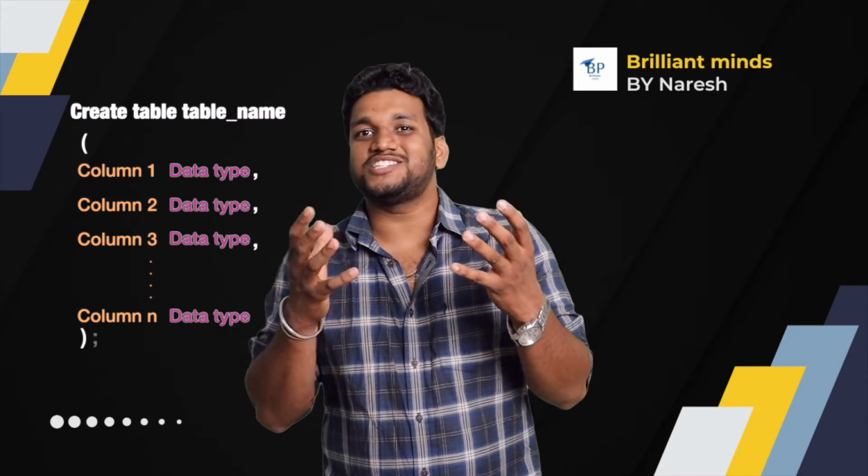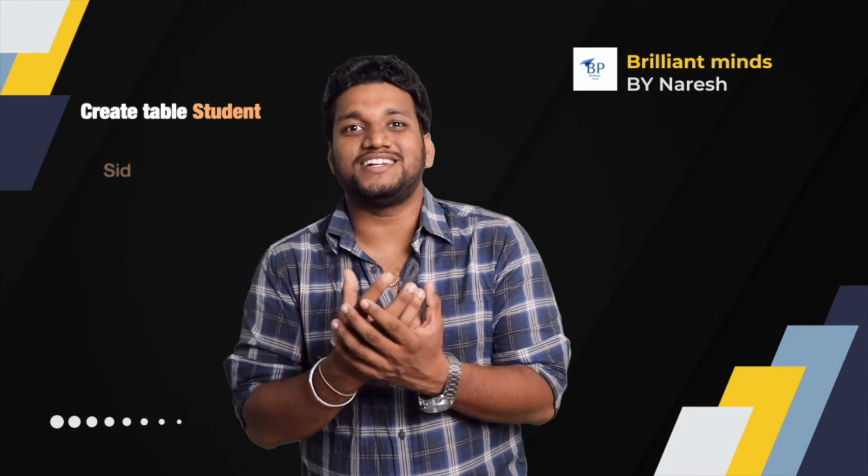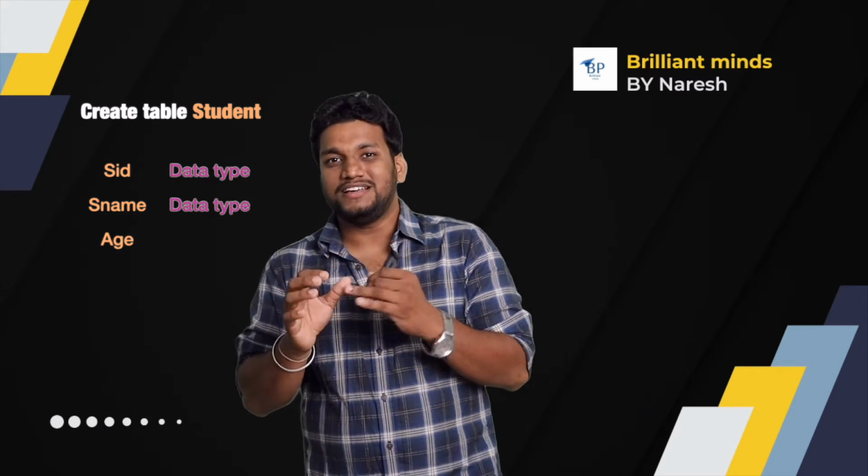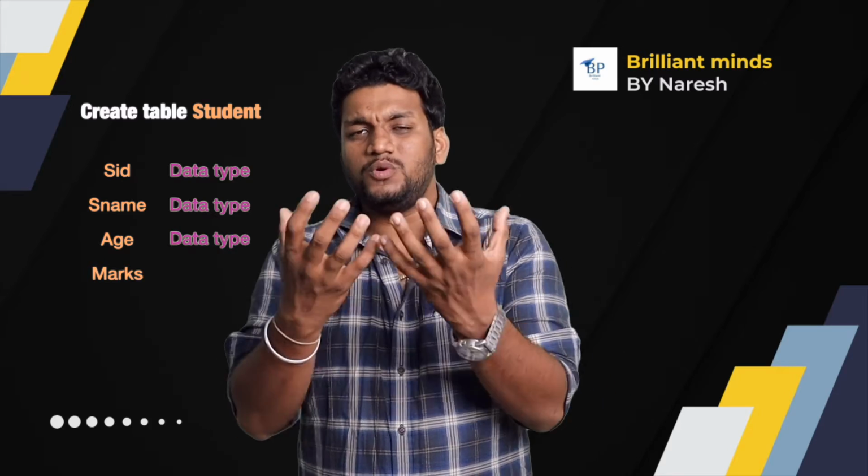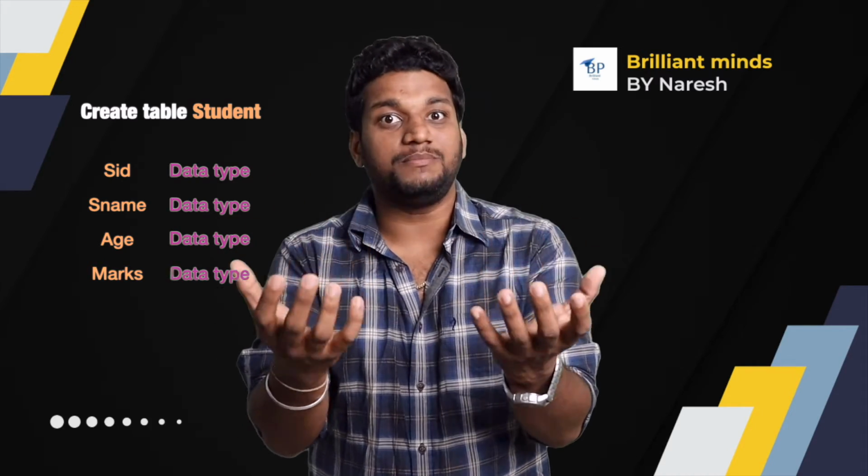Now, by using this process, we will start constructing a student table. In the student table, what are the properties of the student, which are nothing but attributes? Student ID, student name, age, marks, phone number, PAN number. These are all properties of the student, right? Now, I have to create a column for each. These are nothing but column names.